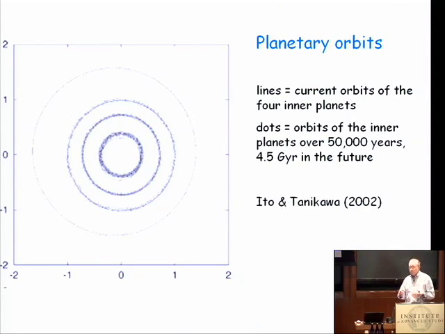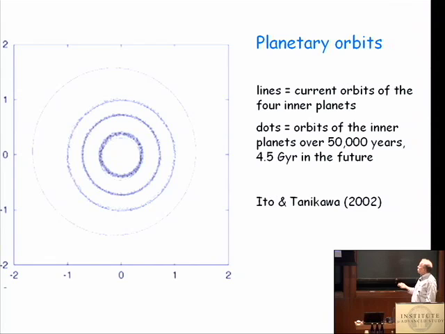Second, by far the oldest concern about orbit integration is planetary orbits. This is an example showing as solid lines here the current orbits of the innermost planets. So this is Venus, Earth, Mars.